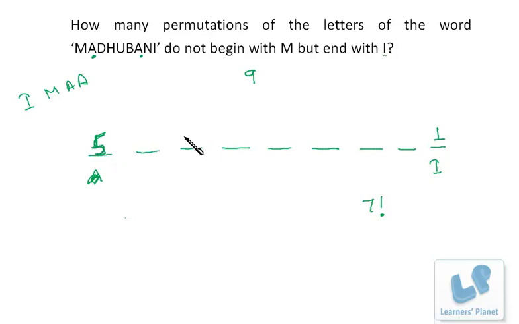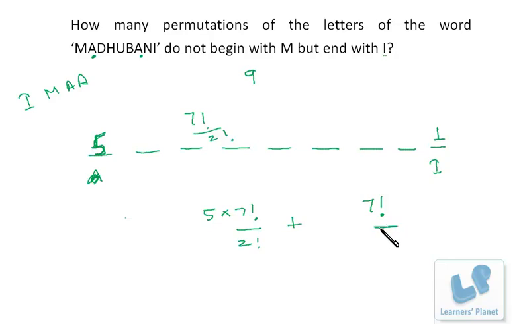Then 1 2 3 4 5 6 7 places are there, and we have 7 letters, so they can be arranged in 7 factorial ways, right? And as we have 2 A's, we need to divide by 2 factorial. So in all, 5 into 7 factorial by 2 factorial, plus this 7 factorial, right?